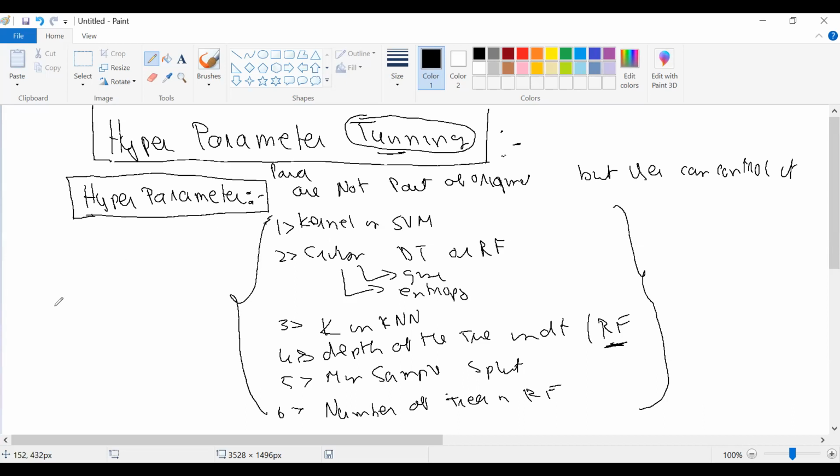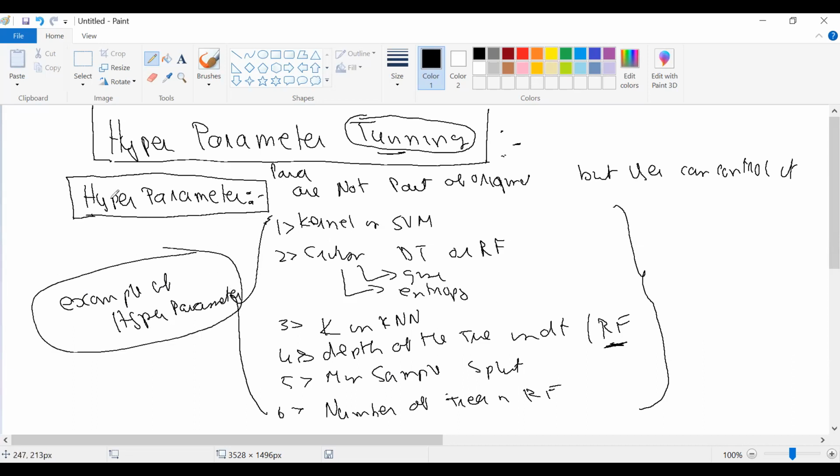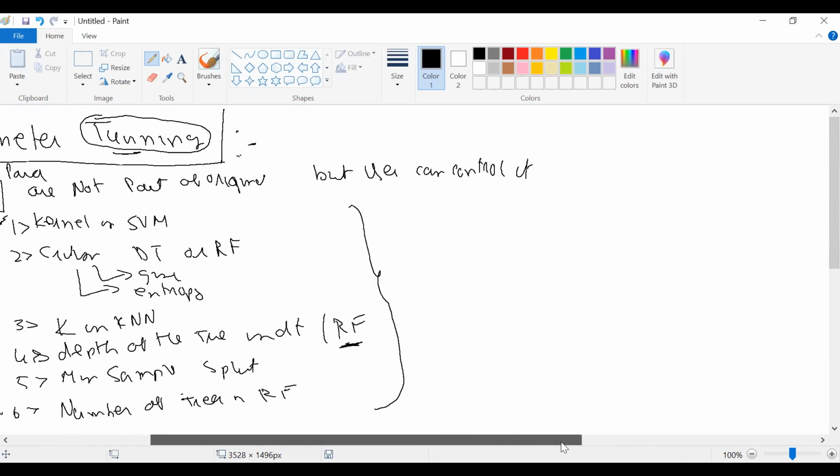All these are examples of hyperparameters. When you go into neural networks, the number of hyperparameters can be in the thousands, and combinations can be in several thousand or even millions. There, a different challenge will come.